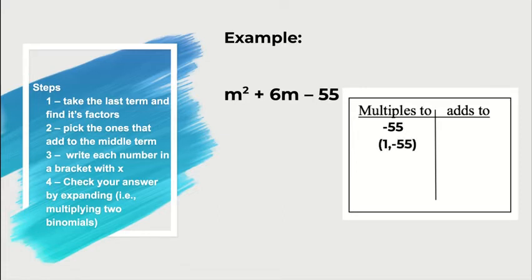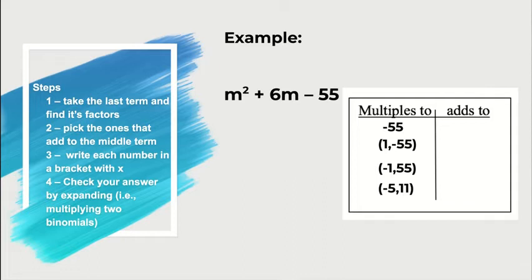So the first one, 1 times negative 55 is one factor. We also have negative 1 times 55. So just flip the sign so that the first one's negative, the second one's positive. We have to make sure that one's negative, one's positive.